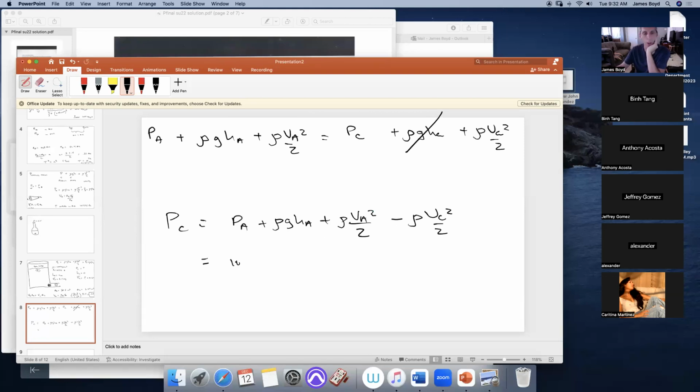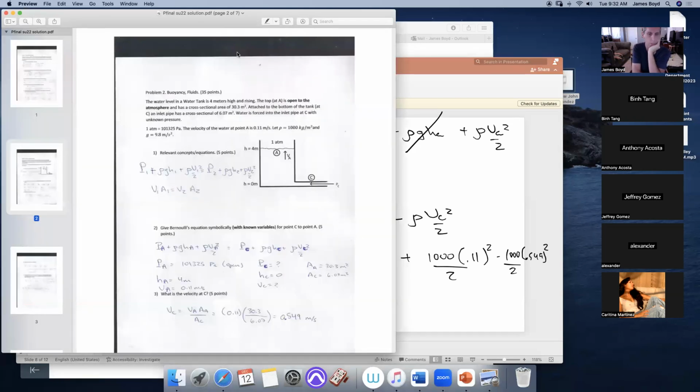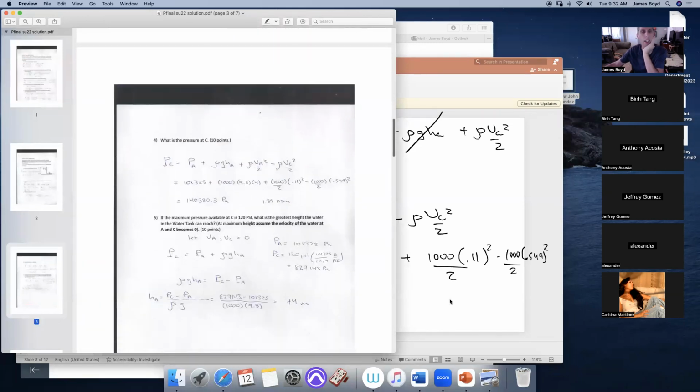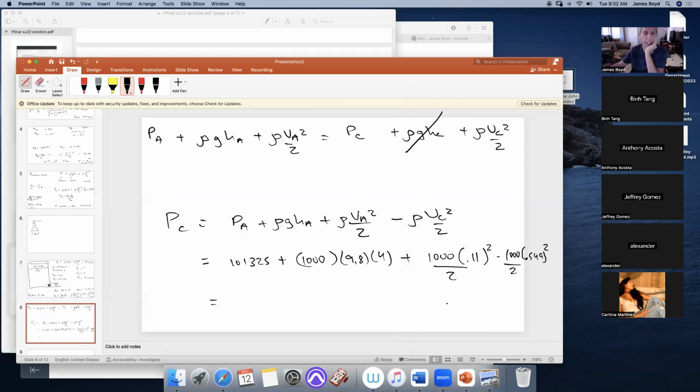So what I get is 101,325 plus 1,000, the density, times g, 9.8, times HA, which was 4, plus 1,000 over 2 times 0.11 squared, minus 1,000 over 2 times 0.549 squared. If I do all of this, I find that it has a pressure of 143.80.